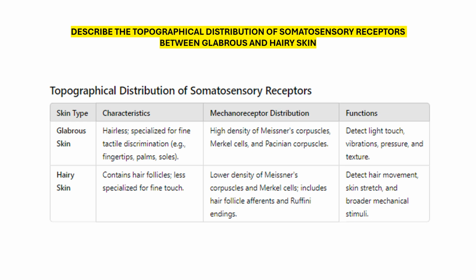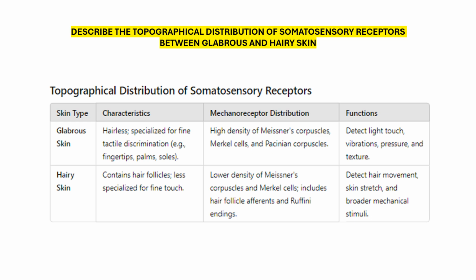Now, we examine the hairy skin, which covers most of the body. So, unlike glabrous skin, hairy skin is less specialized for fine touch, but excels in detecting broader mechanical stimuli such as stretch and movements.